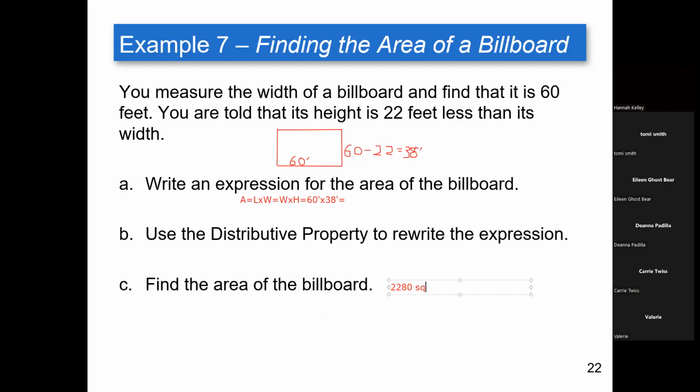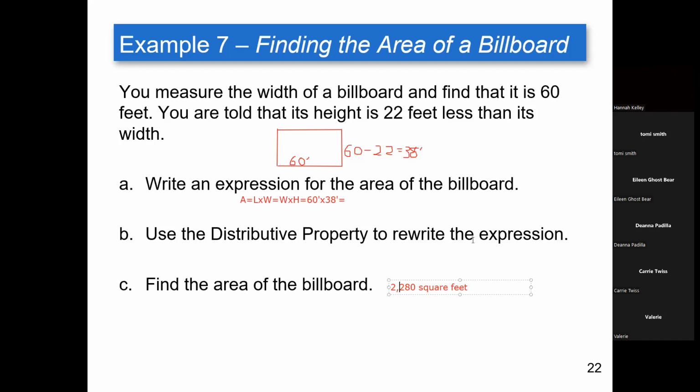2,280 square feet. I don't always put the comma. It's not wrong if I forget. You could enter it in WebAssign without the comma too, but sometimes I don't put it, so I'm sorry about that. Anyone have a question about that?